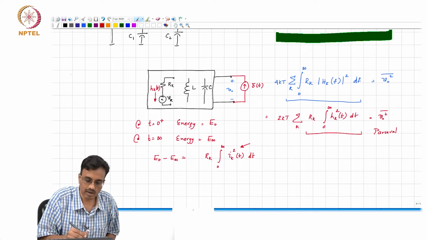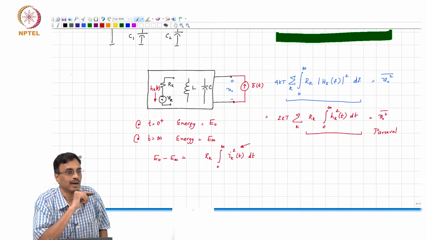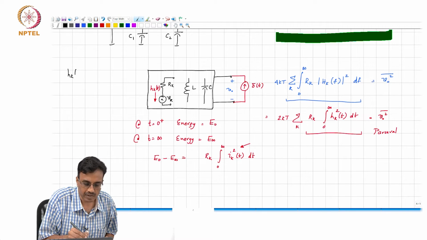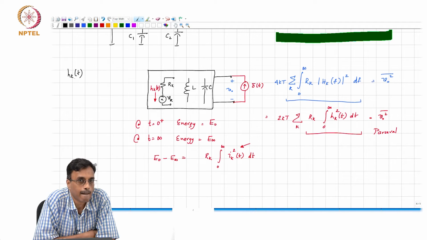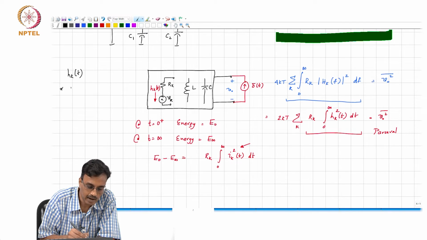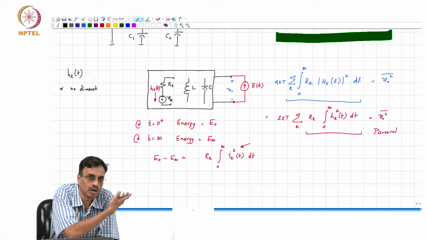By the way, in all these calculations you have to be very careful about dimensional consistency. Let me ask you a question therefore. What are the physical units of hk of t? Pardon? Okay, let us see how many answers I get. No dimension. The input and output quantity are known.